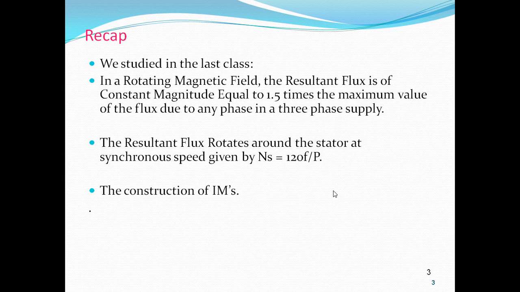If the machine is designed for high rating, then the current flowing is also high and the losses produced are also high. So depending on that, we have to design the insulation material so that it can withstand the heat.